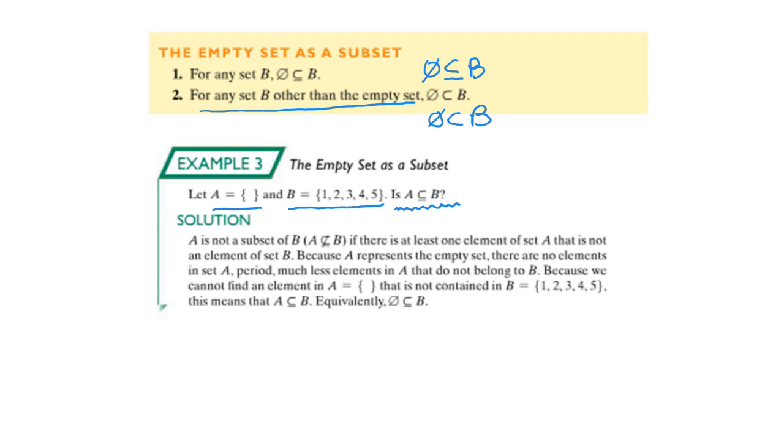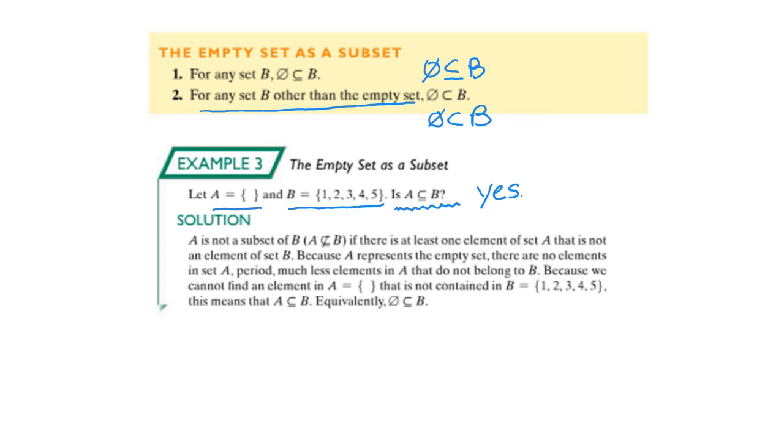So they're asking you, is the empty set, because that's what that is, a subset of B? The answer is yes. All right, and the reason why it is yes is there are no elements in set A that are not contained in set B. And the solution region here will explain that to you.